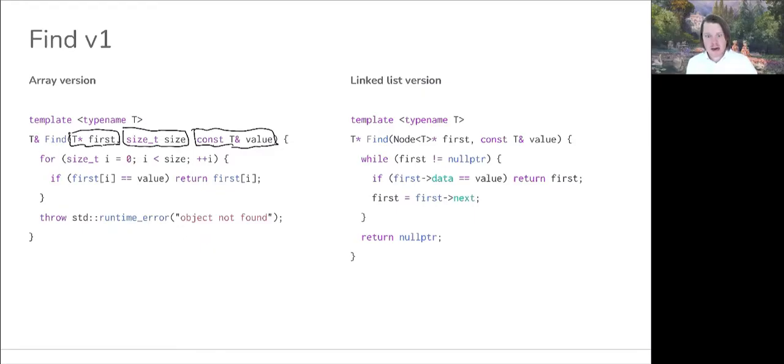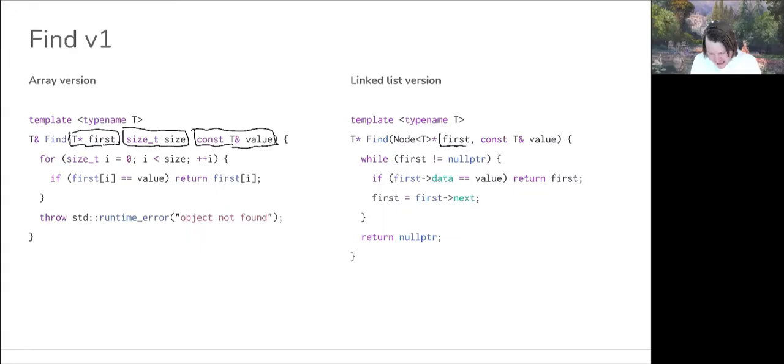If it is, we return that element by reference to the caller. Otherwise, we increment i and continue until i becomes greater than or equal to size. In that case, we throw a runtime error communicating that the object you're looking for has not been found.